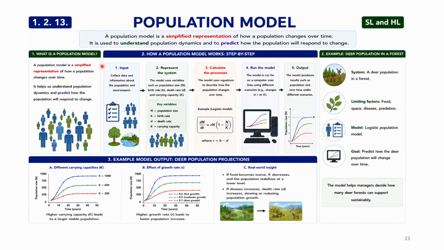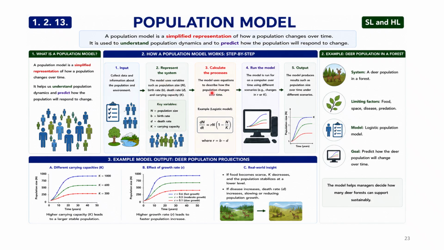A population model is a simplified representation that helps scientists understand how populations change over time and predict their future dynamics. The process begins by collecting input data about the population and its environment. Key variables include population size, birth rate, death rate, and carrying capacity, the maximum population an environment can sustainably support.